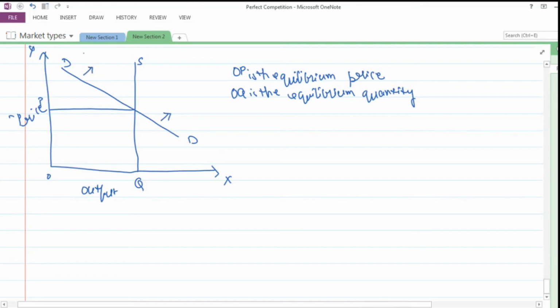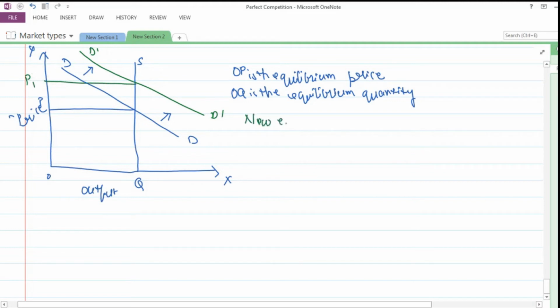Okay, here an upward shift is happening in the demand curve. So the demand curve shifts to D1, then a new equilibrium price would be established at P1.